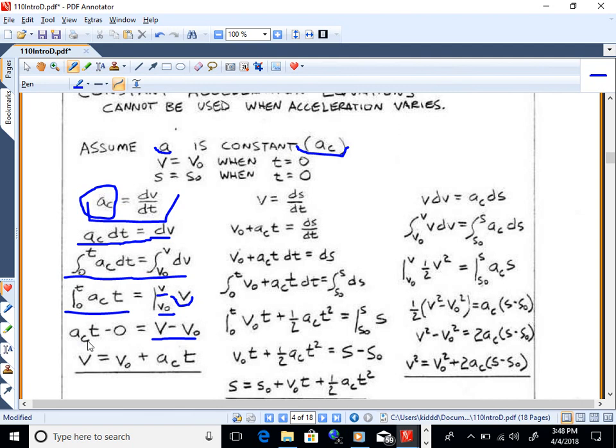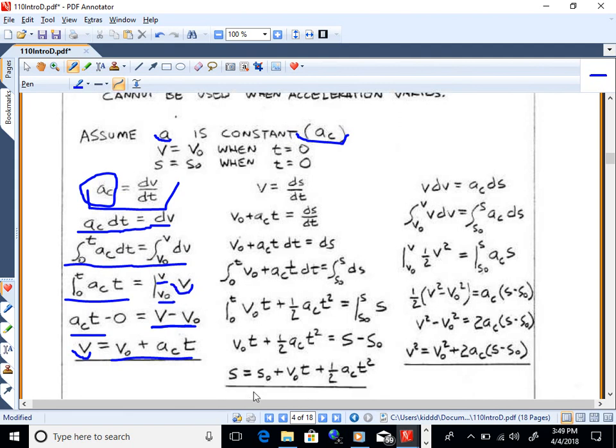If we plug in our limits, we'll get a_c t minus 0. So what we end up with is the acceleration times time is the difference in velocities. We can solve for the final velocity and get that v0 plus a_c t is v, the final velocity. Okay? And we can do a similar process with each of the calculus relationships and get to these three algebraic equations. Now those only hold when you got constant acceleration.